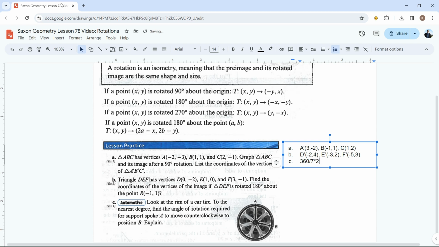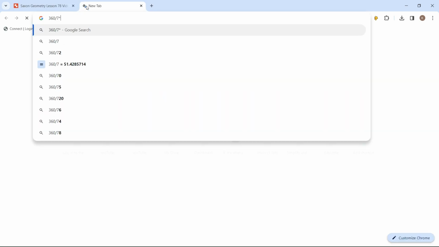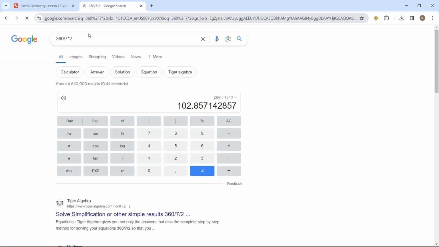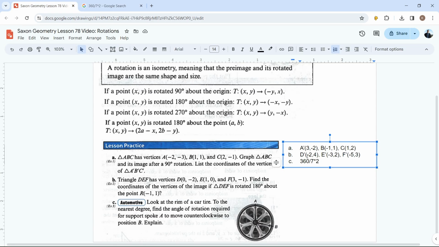Let's just run that through a calculator. 360 divided by 7 times 2 is 102.8 degrees, 102.9 if I round up. So we're going to say that this equals 102.9 degrees. And that's the number of degrees required.